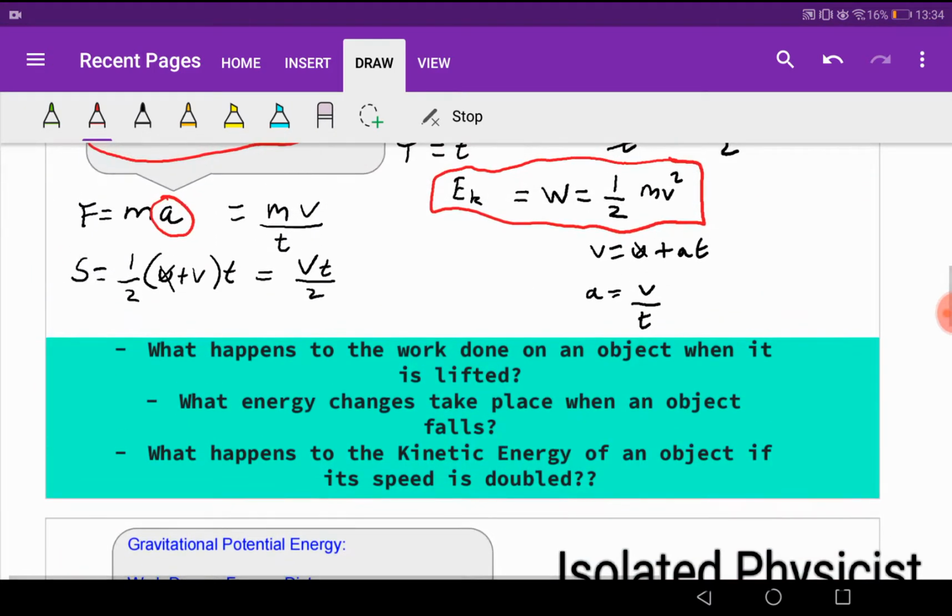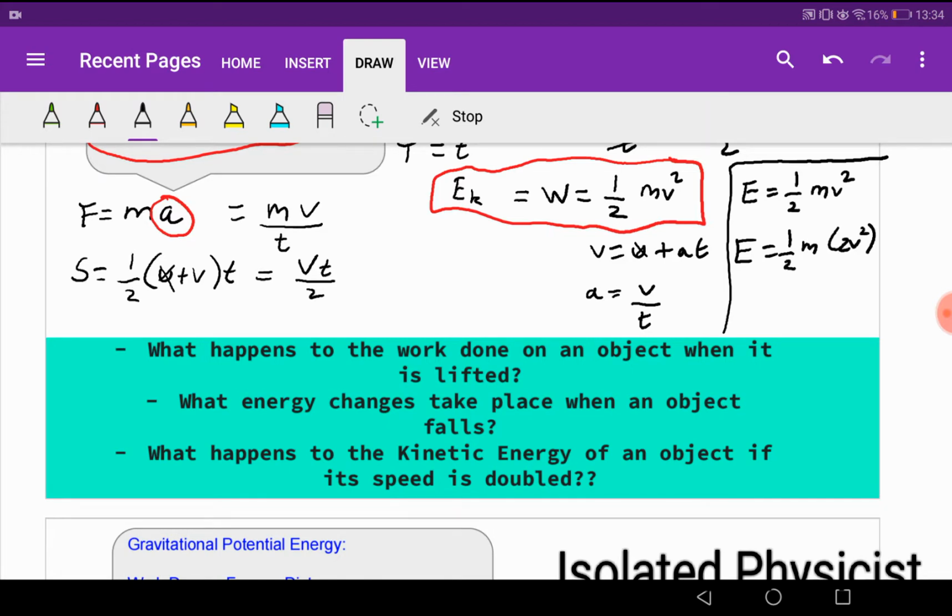It might be worth mentioning here what happens to the kinetic energy of an object if its speed is doubled. If energy equals a half m v squared, now if we substitute 2v, energy equals a half m (2v) squared. So this was E1.